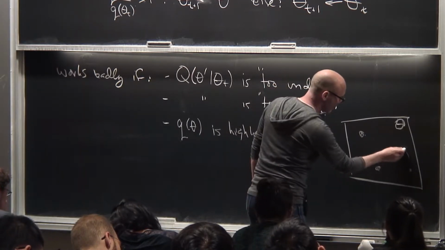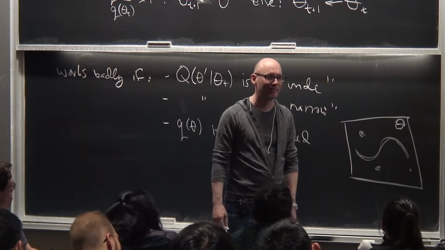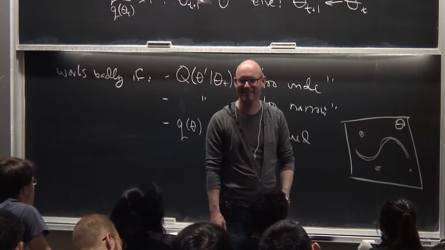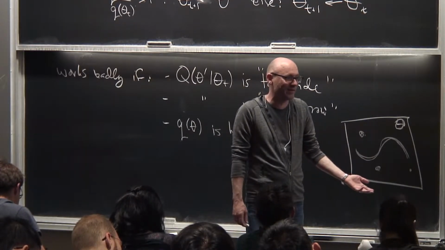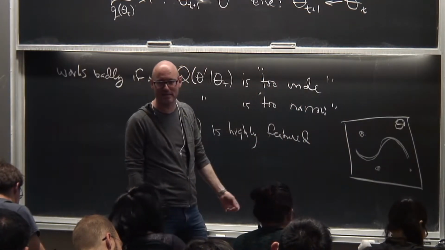You can also have things where the high posterior region looks like that, and it's very hard to random walk like that. It still works. All of these cases will work if you do the right proposal distributions, but in general, it gets hard in these cases.